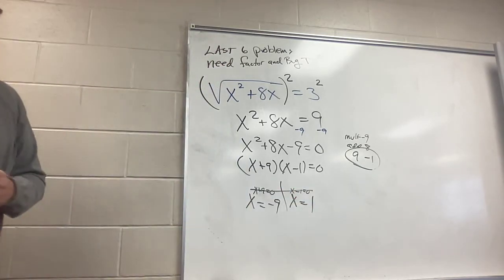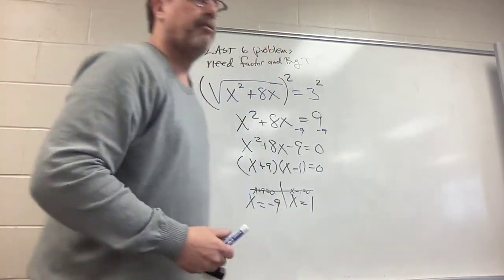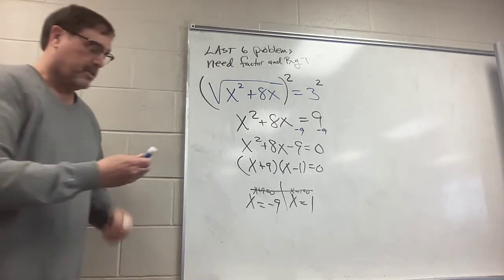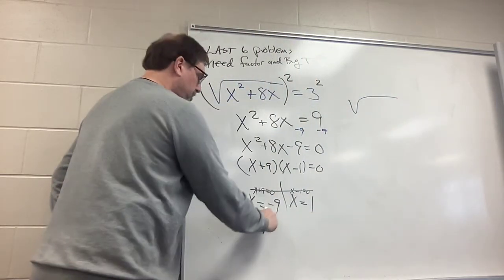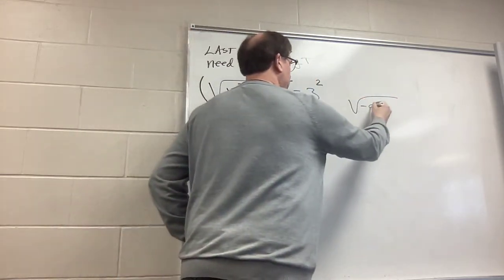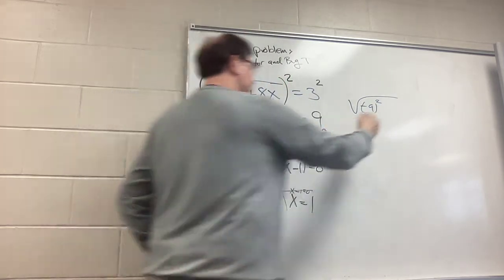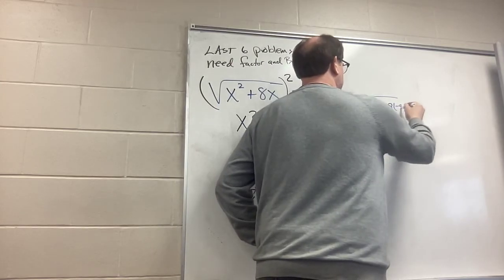And now we got a big problem. And the big problem is often one of these answers won't work. So what I have to do now is do the following. I'm going to try -9 squared plus 8 times -9.